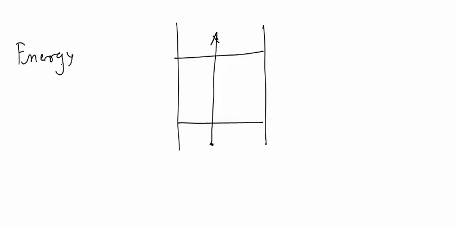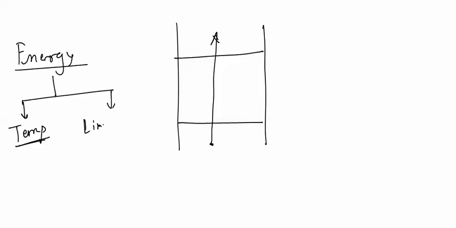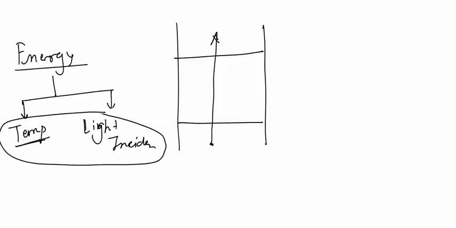Energy is supplied in two forms. Number one, we can increase temperature of the material, means surrounding temperature of the material, and number two, by making light incident on the material. In these two forms we can supply energy to the material.